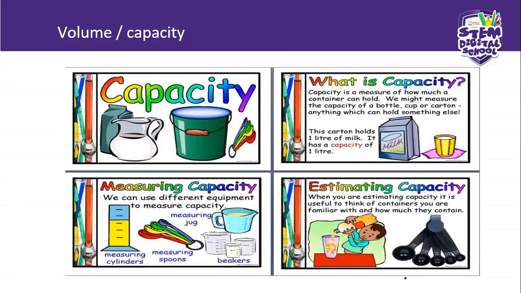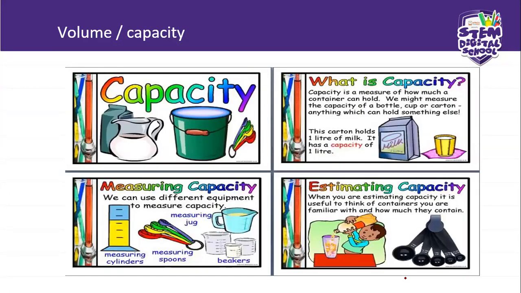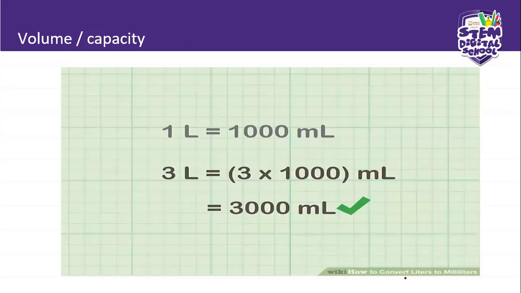Having that in mind, looking at capacity, the amount of liquid that can be in the whole, we are able to estimate capacity, and it has its different instruments. We need to know how to move from liters to milliliters and from milliliters back into liters.